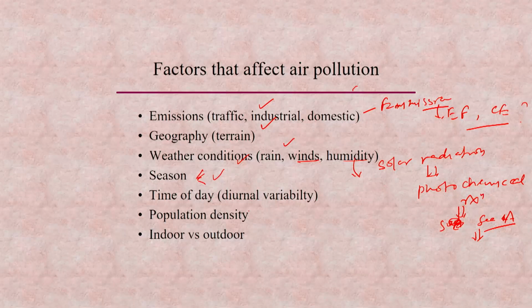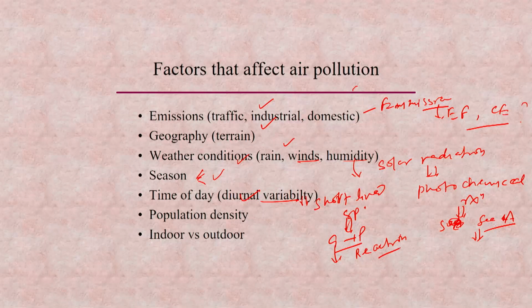Okay. Then we talk about the diurnal variability, and this becomes very important especially for the short-lived species, whether they are in the gaseous form or the particulate form. If they are in gaseous form, then the next important thing is what reaction is happening there and how it is converted to the particulate form.